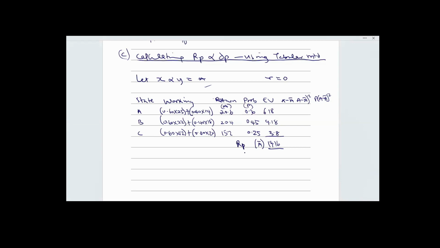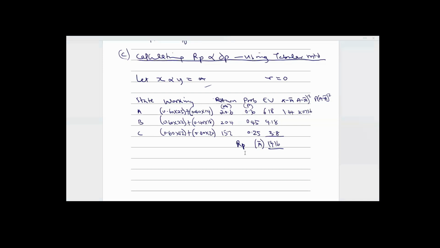Now that I have the A bar, I would then say A minus A bar. A is 20.6. A bar is 19.16. Therefore, 20.6 minus 19.16 equals 1.44. 1.44 squared equals 2.0736.